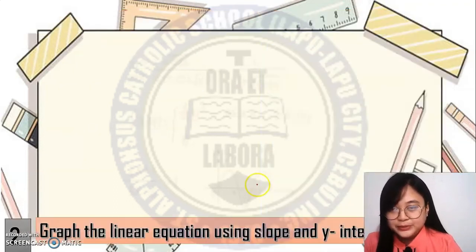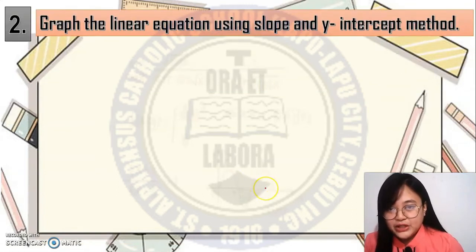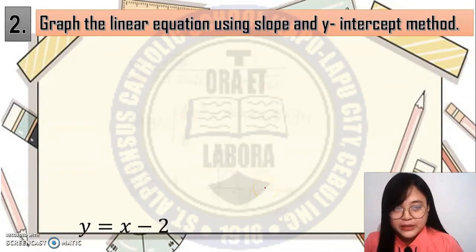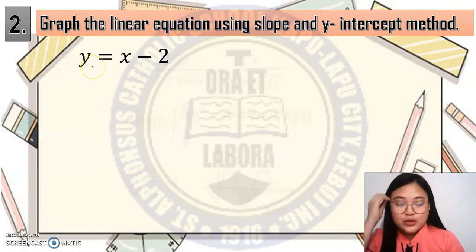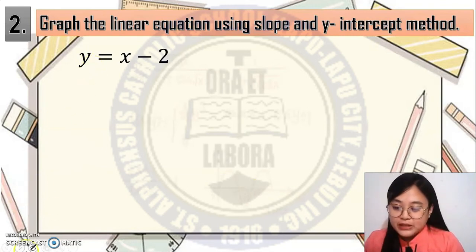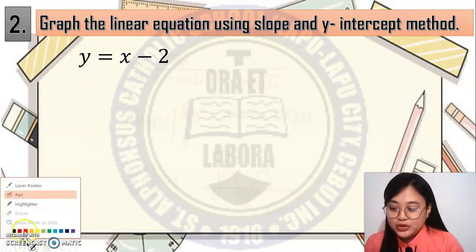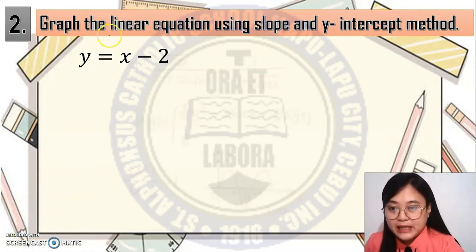Next example. Graph the linear equation using the slope and y-intercept method. y equals x minus 2. So again, the first thing that you are going to do is check if the given is in slope-intercept form, which is y equals mx plus b.